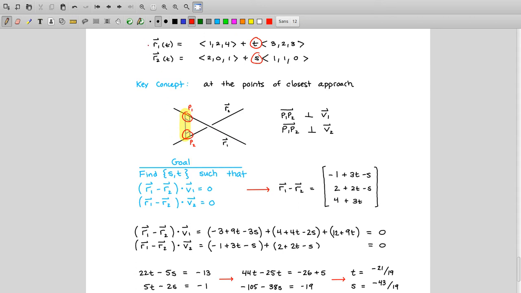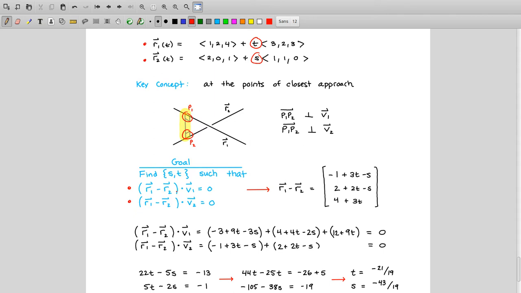So we take the whole equation for the line, R1 and R2, and we imagine subtracting them. And for any s and any t, this gives you a line segment between the point R1 and the point R2. And that line segment at closest approach is perpendicular to both V1 and V2. And so at closest approach, these 2 equations are both true.